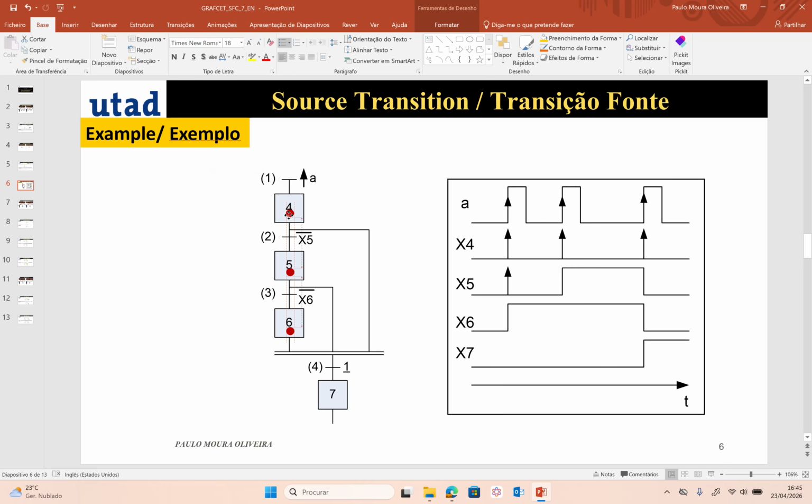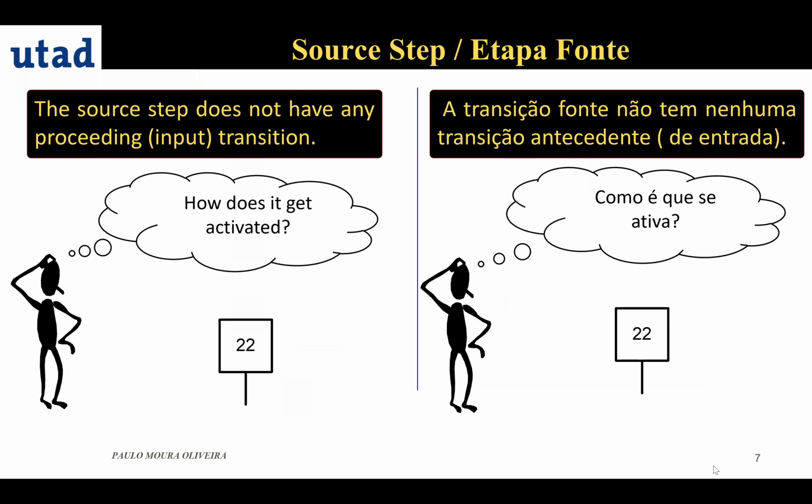The 3 preceding steps of this synchronization are active and the transition function is 1, so straight away step 7 is activated, and all these marks leave 4, 5, and 6.